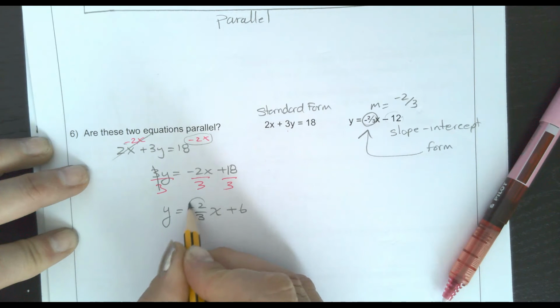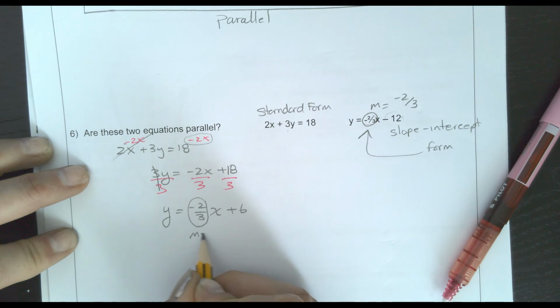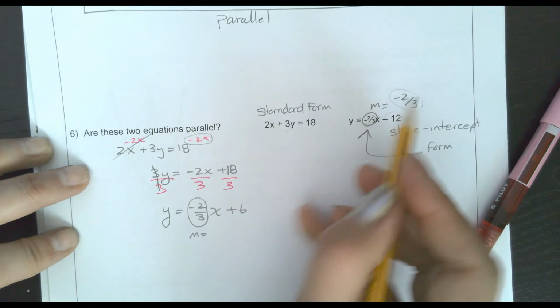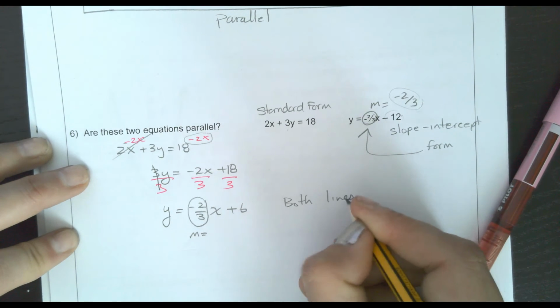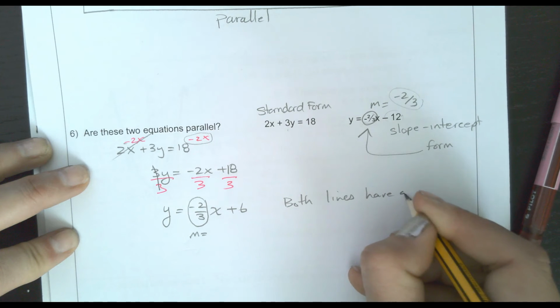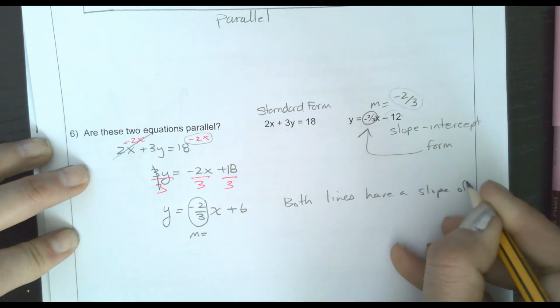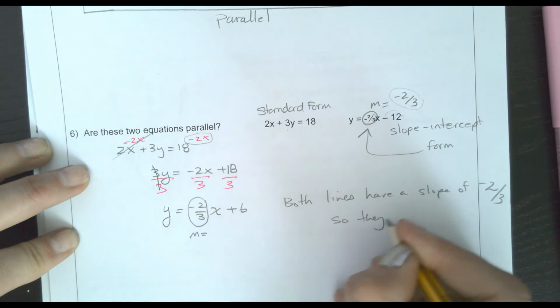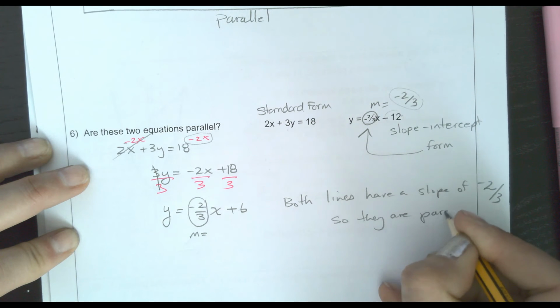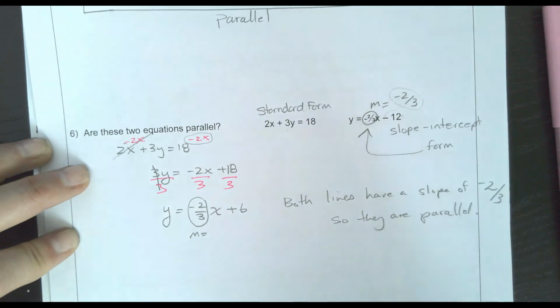So here is my slope. And here is my slope. They are the same. So both lines have a slope of negative 2/3, so they are parallel because they have the same slope.